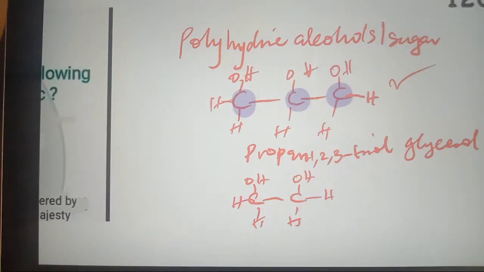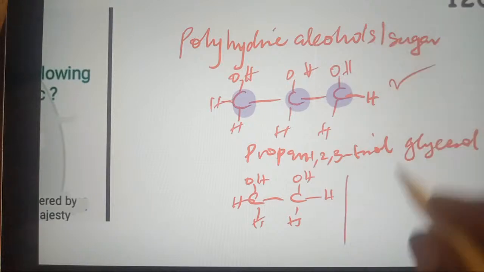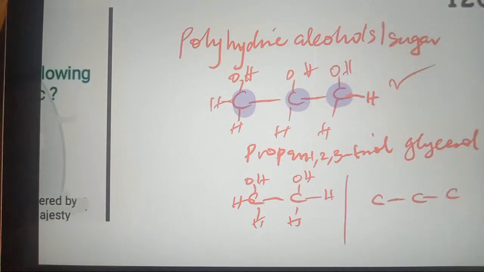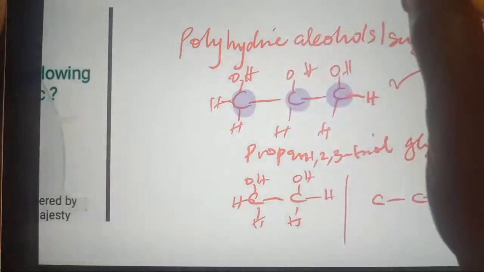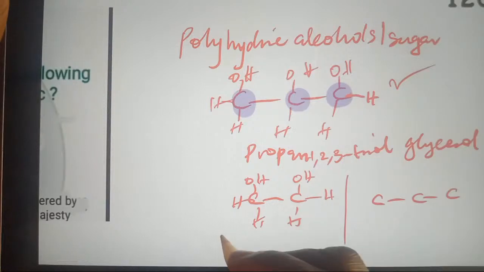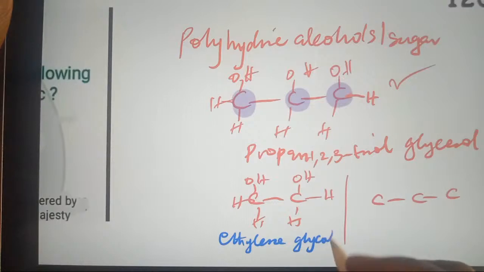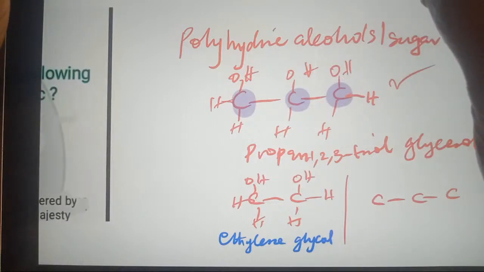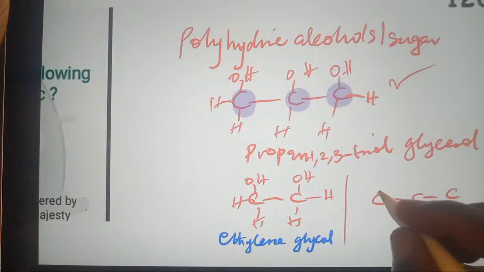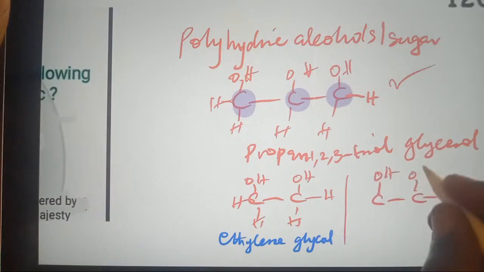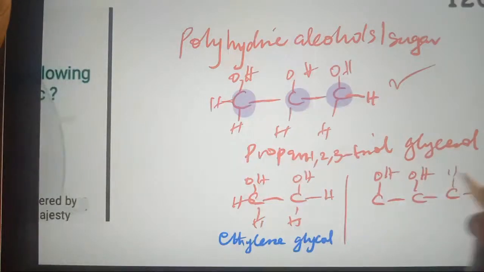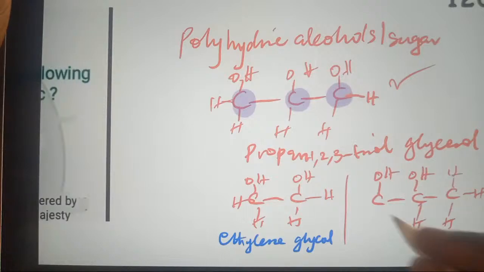But remember, we have ethylene glycol, and if you have a compound like this, not ethylene glycol, we have propylene glycol. Here is ethylene glycol. But let me illustrate another compound like this. If you have OH here and OH here, this is a dihydric alkanol or dihydric alcohol, but it's not polyhydric.